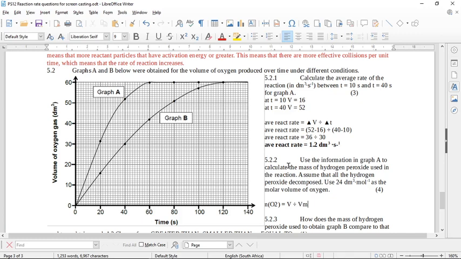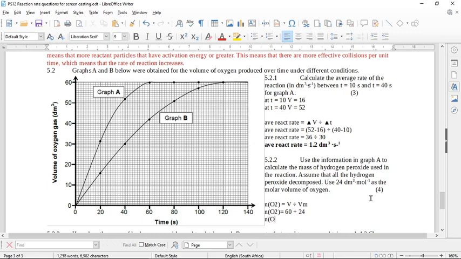So how will we find the number of moles of oxygen? We have to read off the curve. Okay, the total volume of oxygen that was produced here was 60 cubic decimeters, sorry. And they said to you, what's the molar volume? 24.